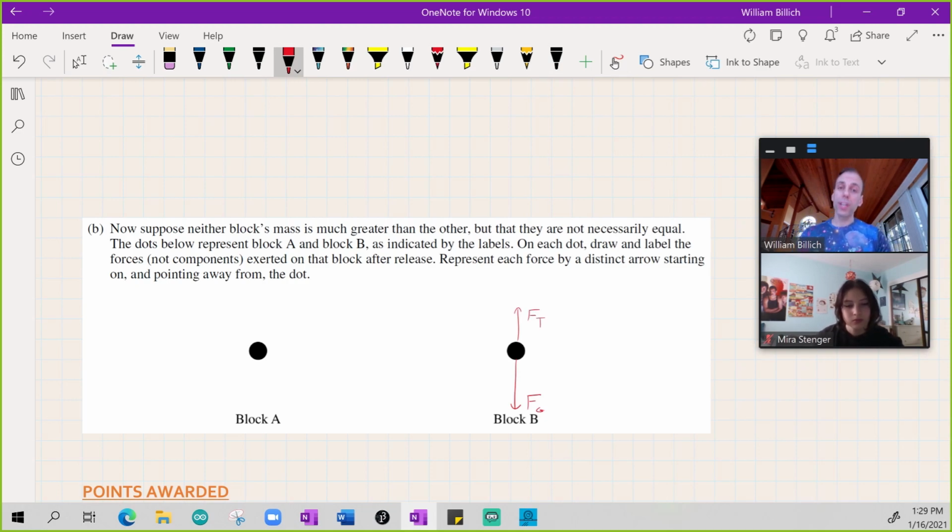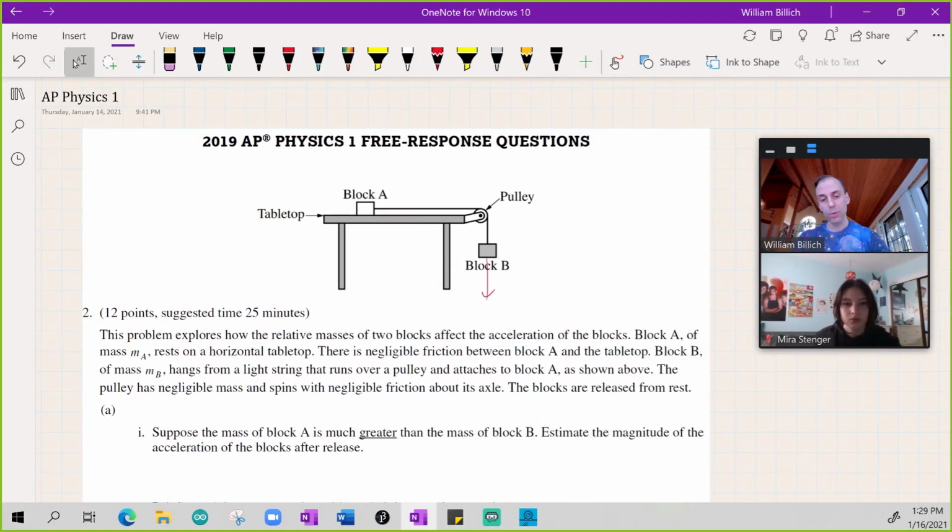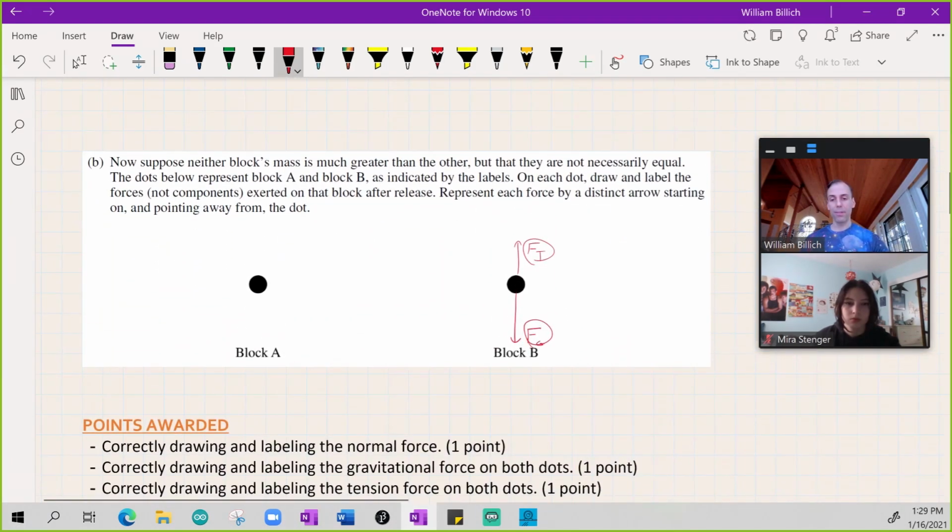Now, this one in particular doesn't require that you draw the arrows to scale, but some answers do require that you draw the arrows to scale. So I'm doing it just out of good habit. So F of G must be bigger than F of T. Why? Well, because the system is going to accelerate downward. There's a force imbalance. F of G must be bigger than F of T. Otherwise, if they were equal, it would stay in equilibrium. All right, so no problem there.